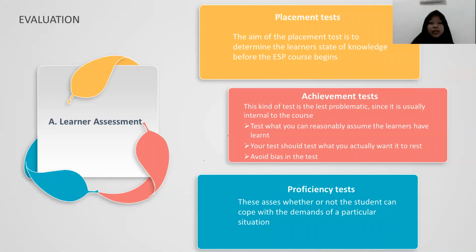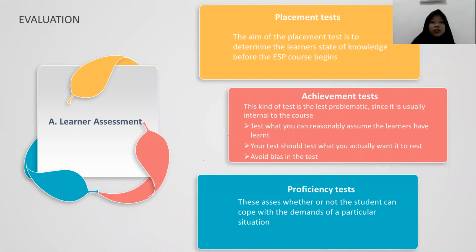In ESP, there are three basic types of assessment. The first one is placement test, achievement test, and proficiency test. The aim of the placement test is to determine the learner's state of knowledge before the ESP course begins.